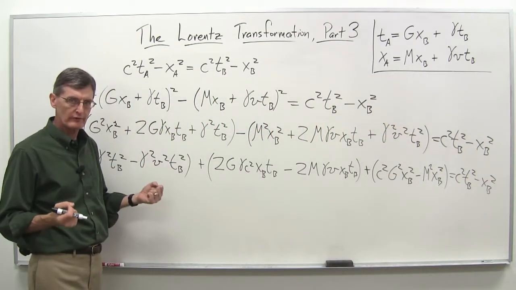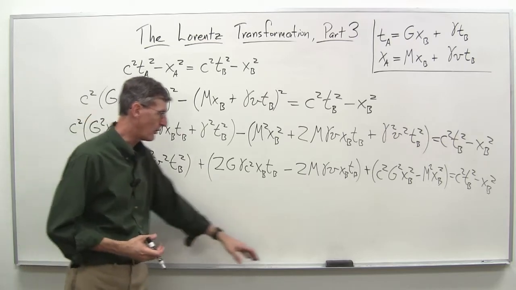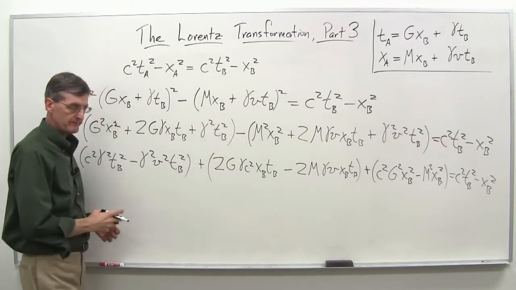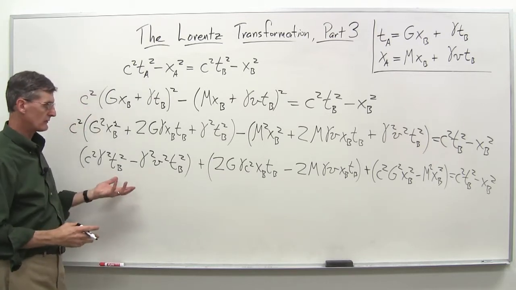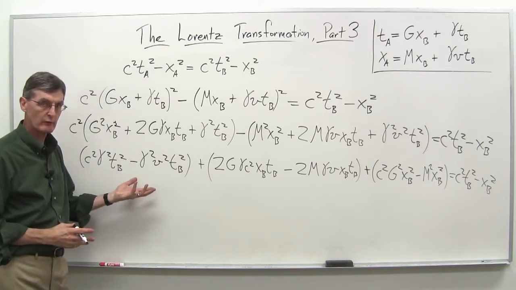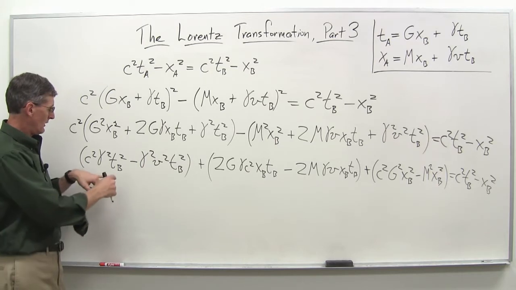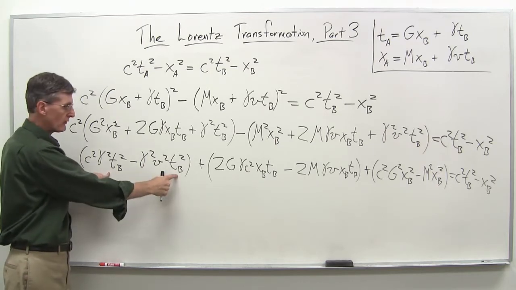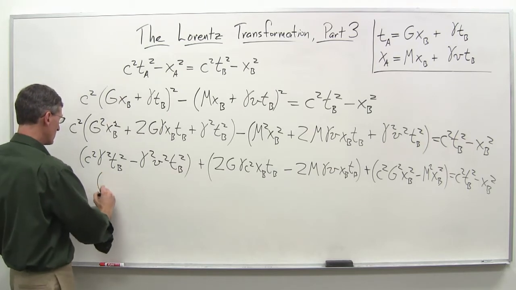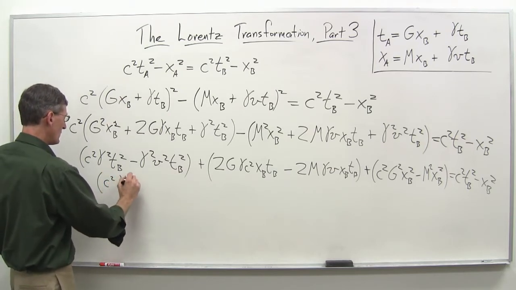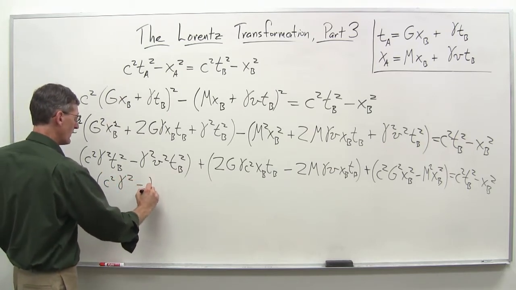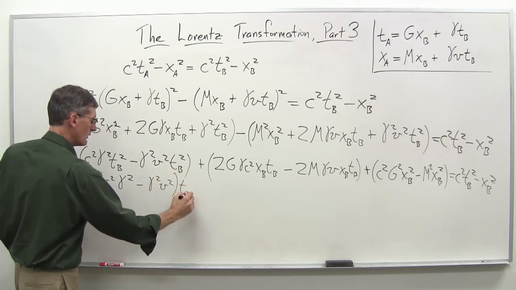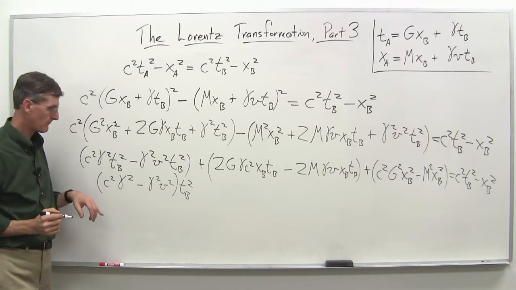Okay, here's where the real nice part comes in, because I've got all this over here. And note, actually, let's simplify it one more step here. I've got a tb squared term here, I've got tb squared there, so let's pull that out. So we're going to write this as c squared gamma squared minus gamma squared v squared, times tb squared.